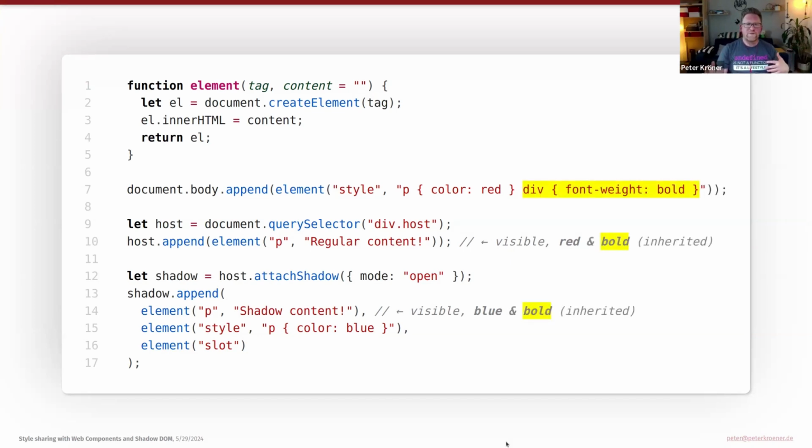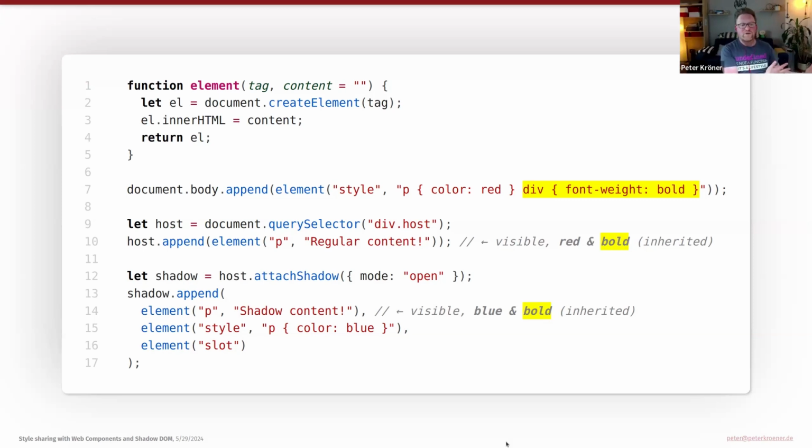So if you do something like assign font weight bold to the host element, to the div element, then this is just a font style, a font weight to be precise, that gets inherited, and this inheritance applies to the regular content p element in the light DOM as well as to the shadow host. So one element is going to turn out red and bold. Red because the rule matches the p element in the light DOM, and bold because it inherits the style from the host element.